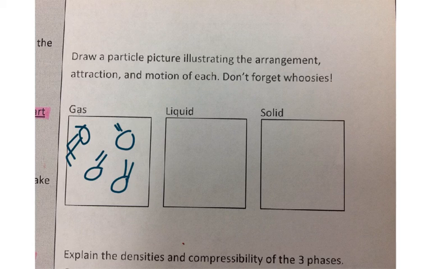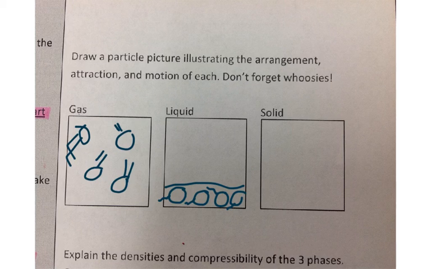The liquid, remember, these guys are basically going to be forming the bottom of the container. And for these to be able to show movement, we're just going to do a little squiggle with them because they're not moving as fast or as randomly as gases are, and they're just flowing across.